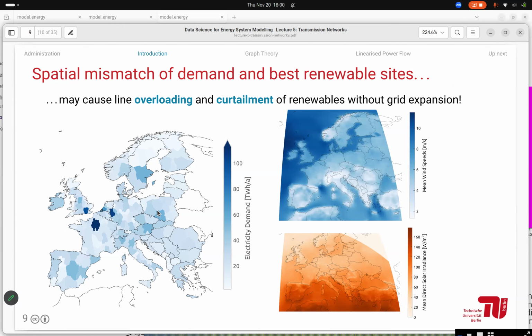And especially as you go to a more renewable system, you really need to align, for economic reasons, these sites of production, which today may be some power plants, which may be decently close to the demand centers, to the consumption sites. So if you have not the right amount of transmission capacity in the network, and you need to avoid the overloading, then you need to curtail the renewables or even ramp up some fossil power plants.